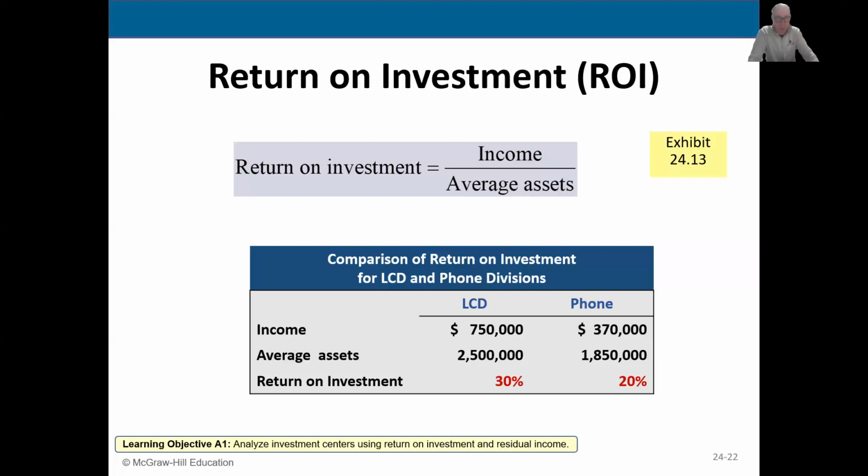Okay. So income for the LCD TVs is 750 divided by 2.5 million average assets is 30%. The phones is 20%. These are the return on investment formulas.